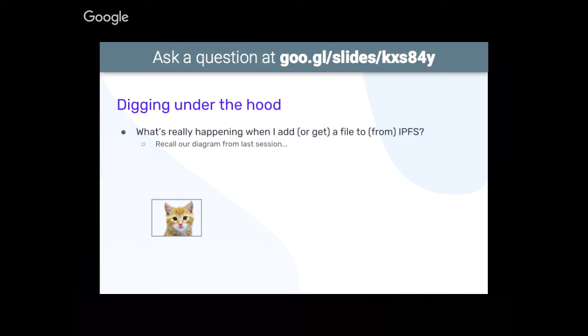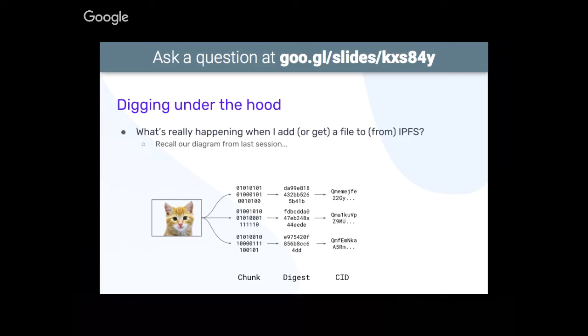What's really happening is that the content is chunked up into smaller parts, about 250 kilobytes each. Then each part is hashed, like before, to create a digest of that particular piece, and a content ID is created for each chunk. Then these chunks are combined into a data structure for which a single base content identifier is computed.